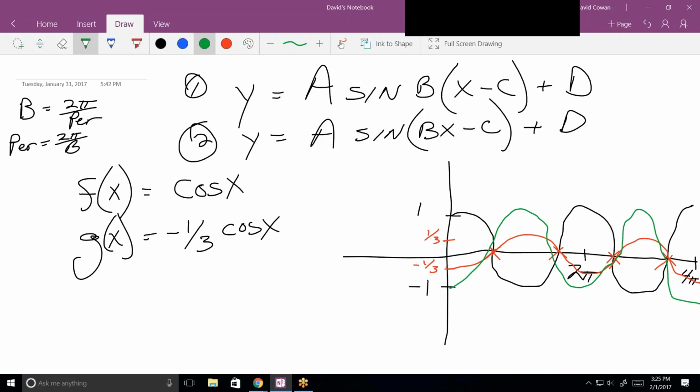It's a vertical reflection. But then the 1/3 changes the shape, reducing the amplitude by 1/3. So the green would just be negative cosine x. The red is a negative 1/3 cosine x.